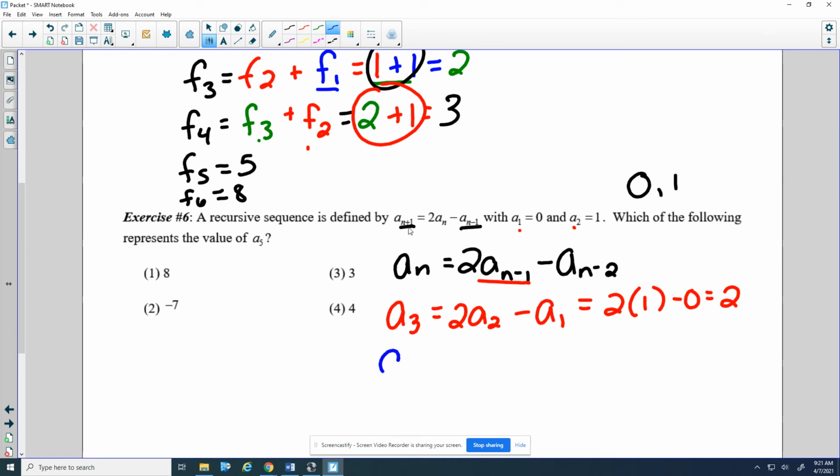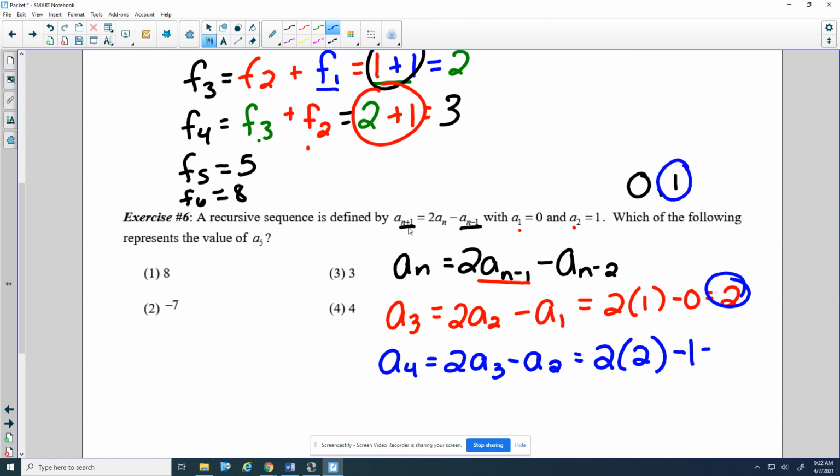Let me do one more, a baby step in the middle. One before it is a sub 3, 2 before it is a sub 2. So 2 times a sub 3, which is 2, minus a sub 2, which is 1. So 3.